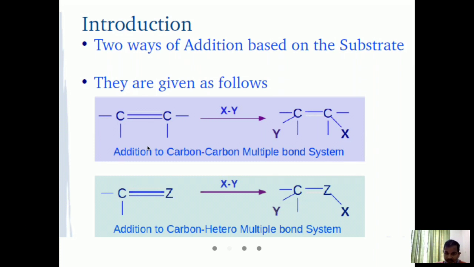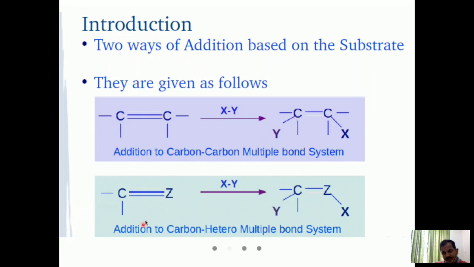So two ways it can be added. One is that both X and Y can be attached from the same side, like this, because both are similar carbon-carbon bond.